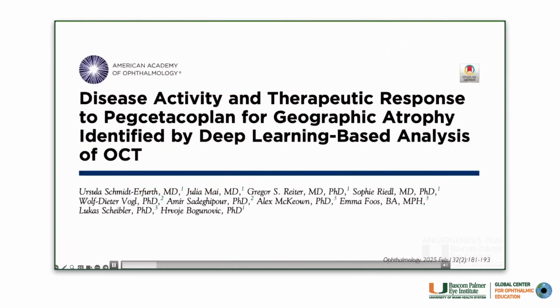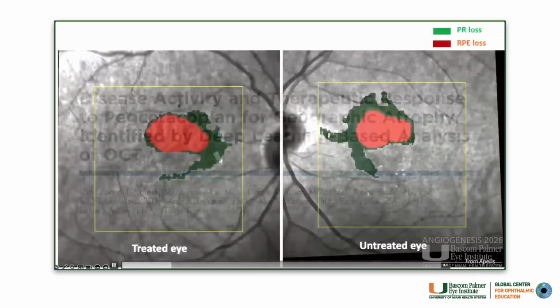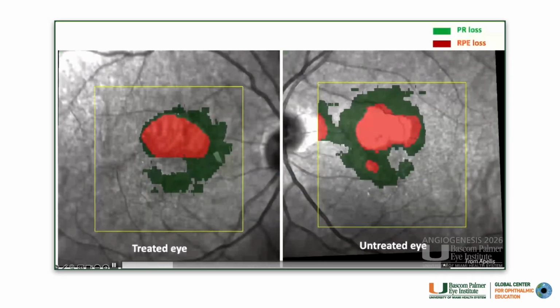In particular, if we look at this paper from Ursula Schmidt-Erfeld's group, using data in a post-hoc analysis of the pegcetacoplan study, they were looking not only at changes in atrophy of the retinal pigment epithelium, but changes in the photoreceptor, just looking at the ellipsoid zone area.